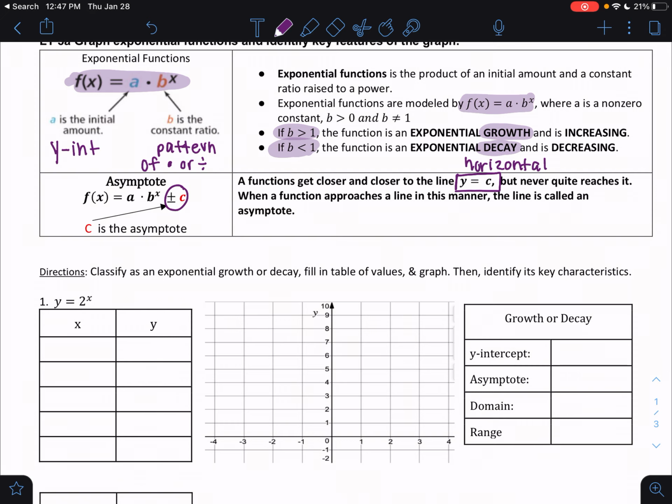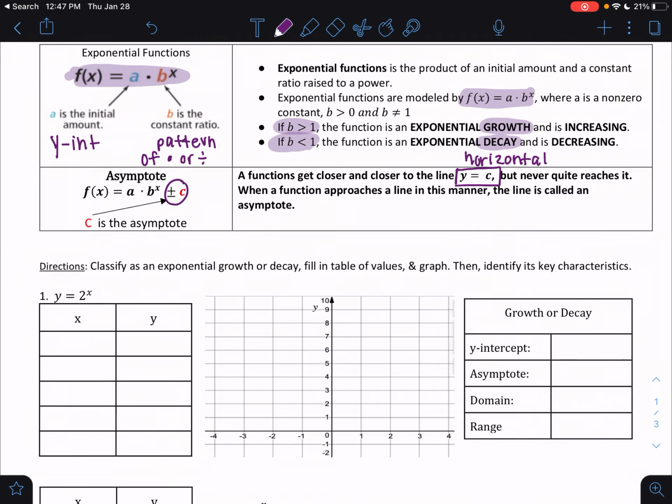You will see, as a small example, that our graph goes up like this. It's a curve, and that's what exponential functions always look like. They might go up, or they might go down for decay, but it's going to be a curved line and not a straight line.